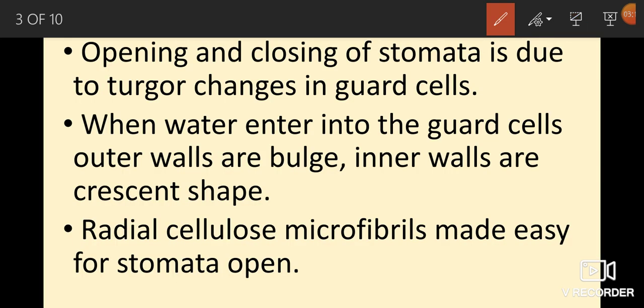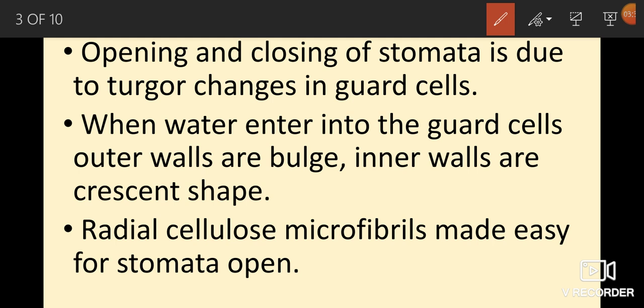Opening and closing of stomata is due to turgor changes in guard cells. Turgor means turgidity, which means the cell is full.